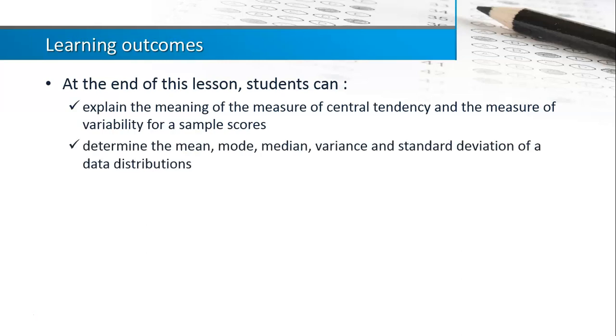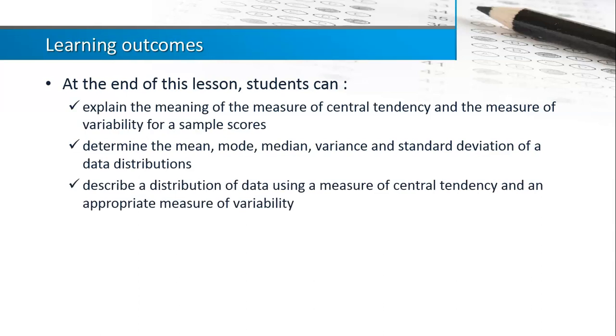Okay, and also we can determine or calculate the mean, mode, and median, variance, and standard deviation of data distribution or your students' score or marks. Then we can describe the distribution of data using the measure of central tendency and also the appropriate measure of variability.